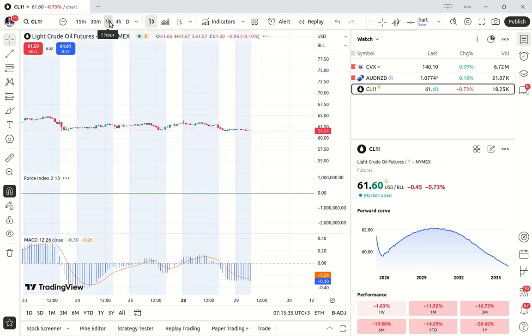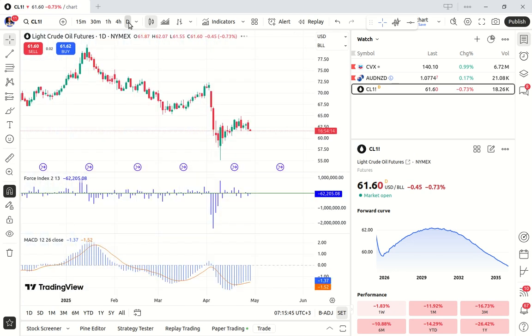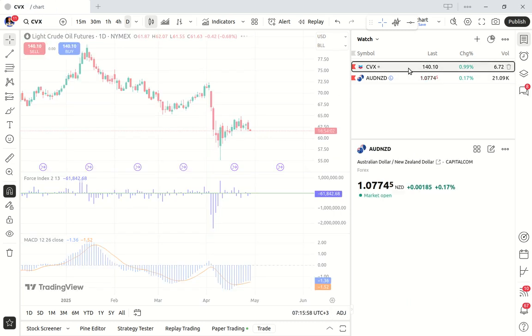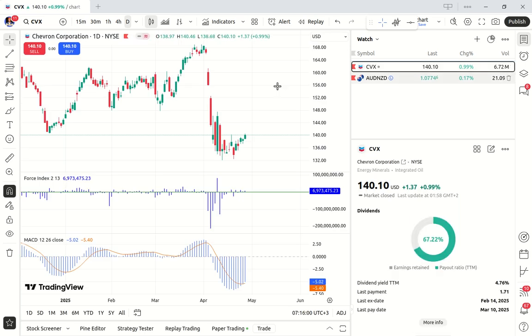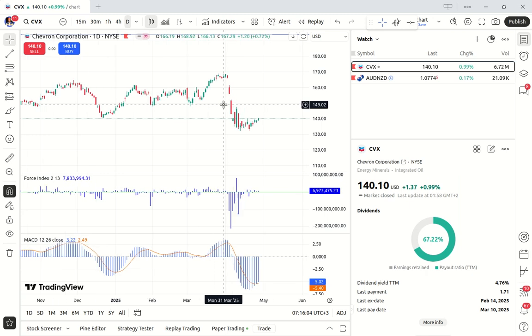Okay, it hasn't reflected on the oil chart. Interesting. I don't know why it hasn't reflected in the oil chart. Anyway, but this stock is definitely something that you should consider buying.